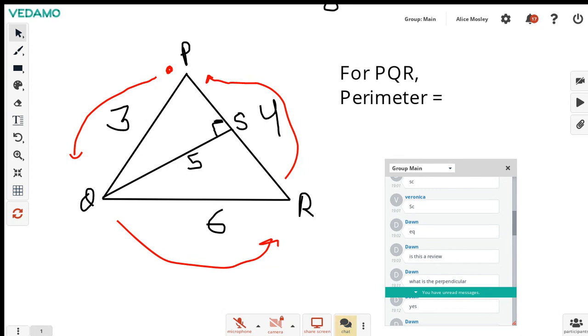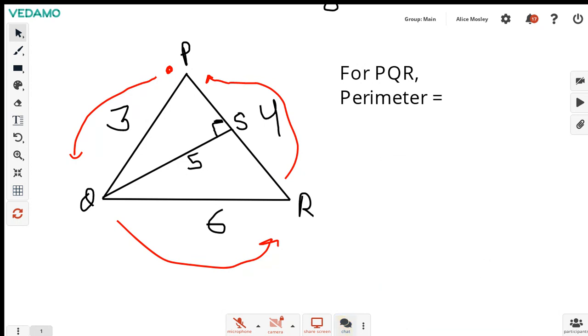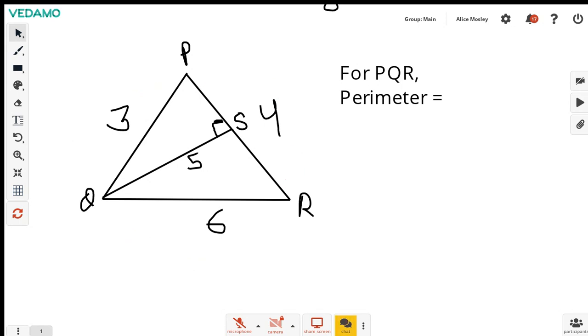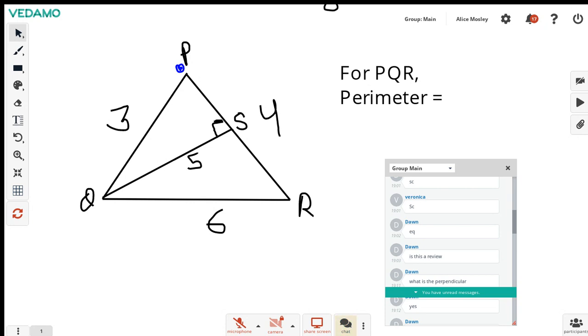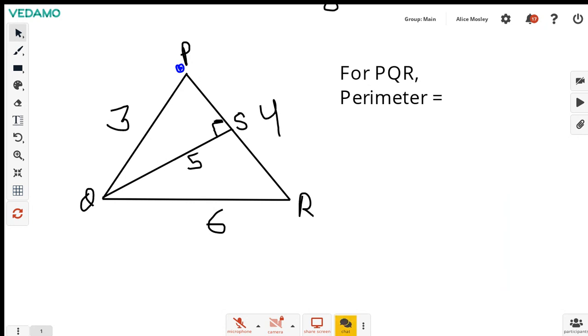As I told you, what we do in the triangle or any figure when we have to find the perimeter is we start from a point. Let's suppose I start from point P, and then I go in any direction. I have to cover triangle PQR.